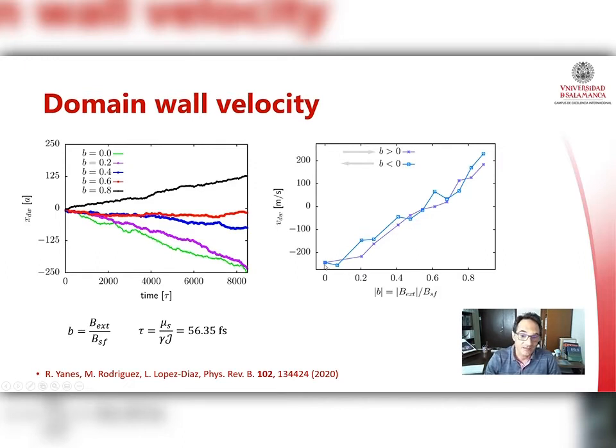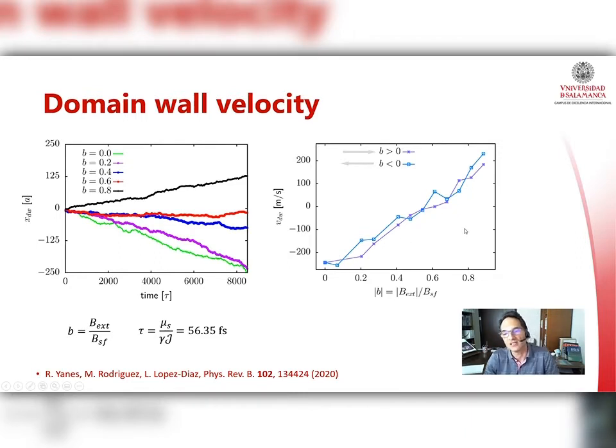We have a negative velocity for zero applied field, meaning that the wall moves towards the hot region, and then a gradual shift towards positive velocity, that is to the cold region, as we increase the field.